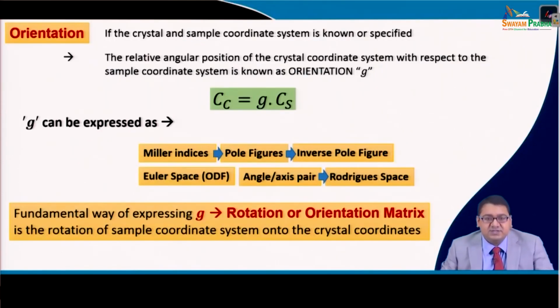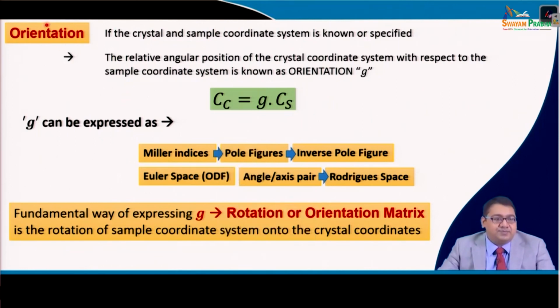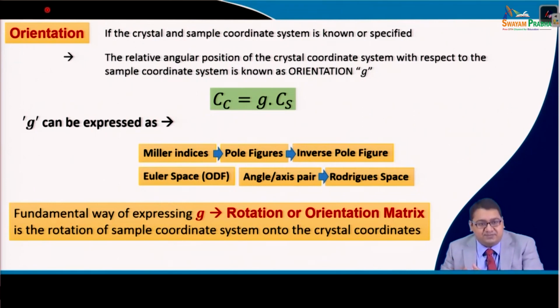In the previous lectures, we have understood what an orientation matrix is, which is also known as a rotation matrix. An orientation matrix is basically related to orientation. So, what is an orientation? Orientation is the relationship between the sample and the crystal coordinate system.